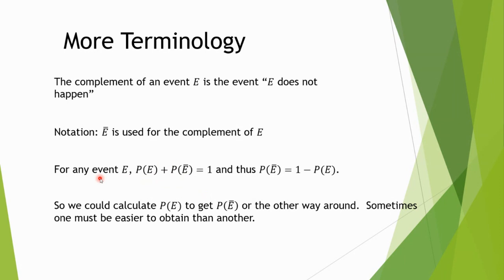Sometimes finding the probability of the complement of E is easier than finding the probability of E, and the other way around. And again, by this formula, if you know one of those, you can easily get the other one. You just subtract it from 1.